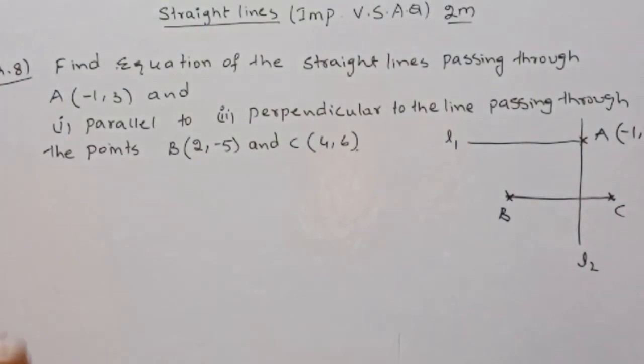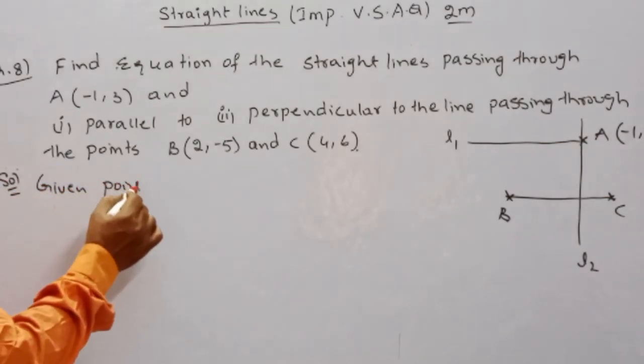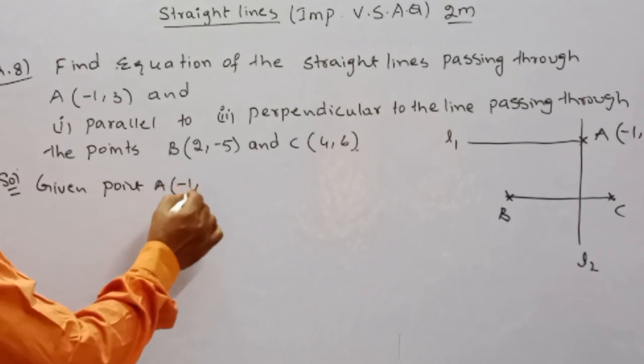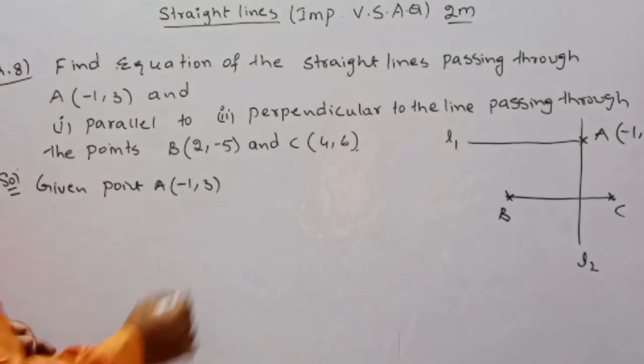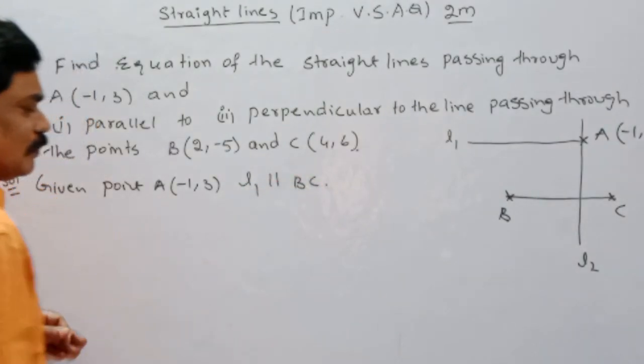Okay, all of you. So the given point is A(-1, 3), and L1 is parallel to BC.